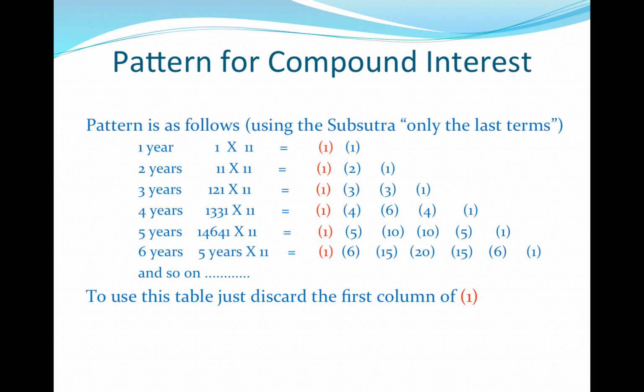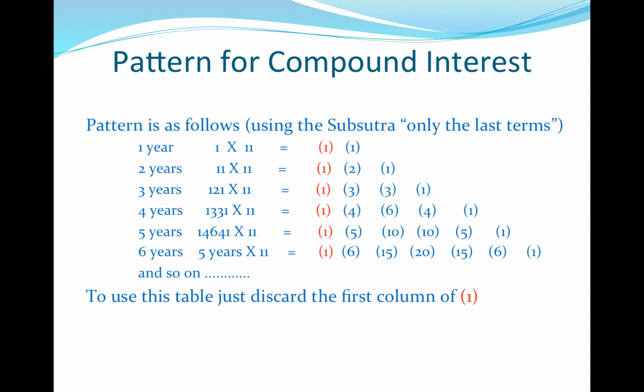So just write the rightmost 1 as it is, and then add the rightmost 1 with the next one, that is 1 plus 1 is 2, and the leftmost 1. So 1, 2, 1. To calculate the third year, just multiply 121 with 11. So the rightmost 1 as it is, then 2 plus 1 is 3, then 1 plus 2 is 3, and 1 as it is.